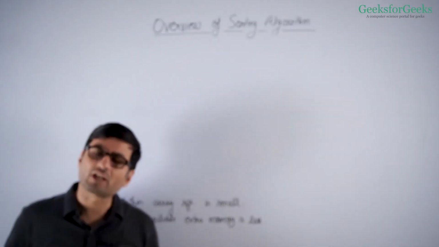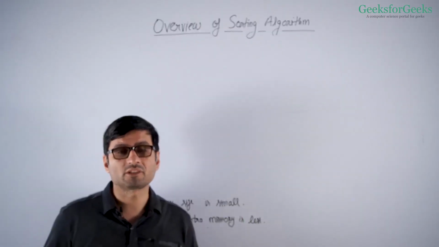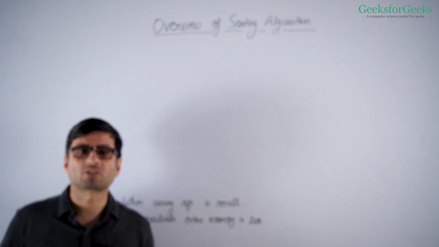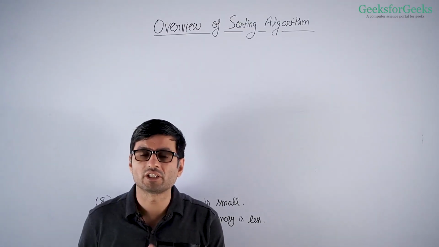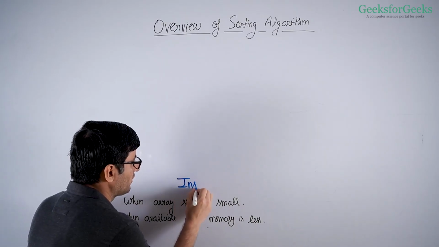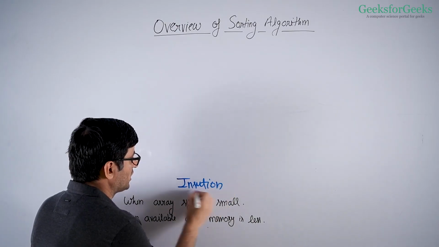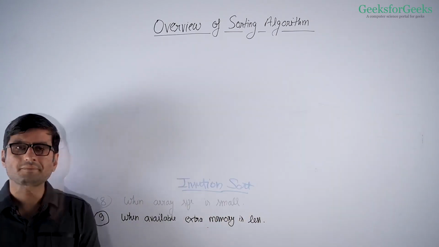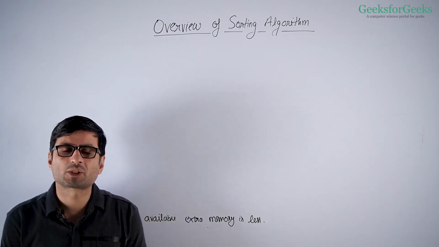Most standard general purpose library implementations switch to insertion sort when the number of elements is really small. So we have insertion sort for this case. Let us now talk about the last point.